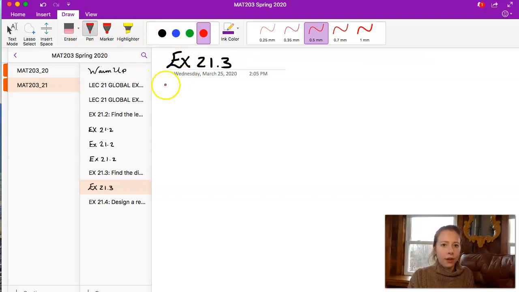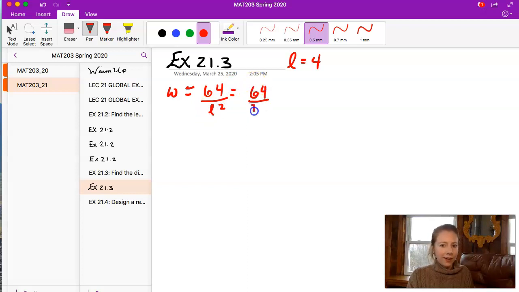And so, now that we know L, we can go ahead and figure out W and H. So W is going to be equal to, if you recall, 64 over L squared, which is going to give us 64 over 16.